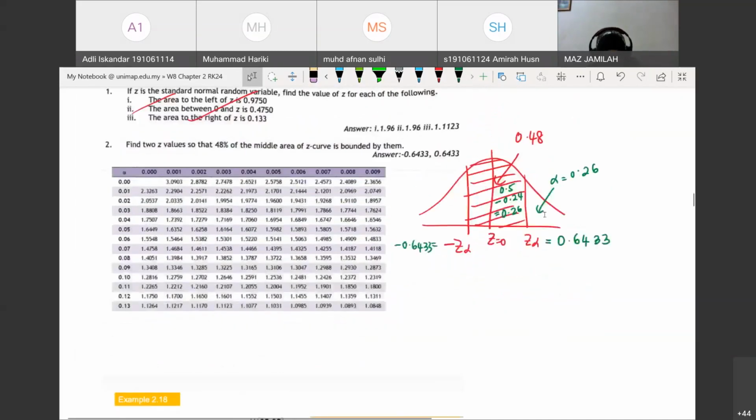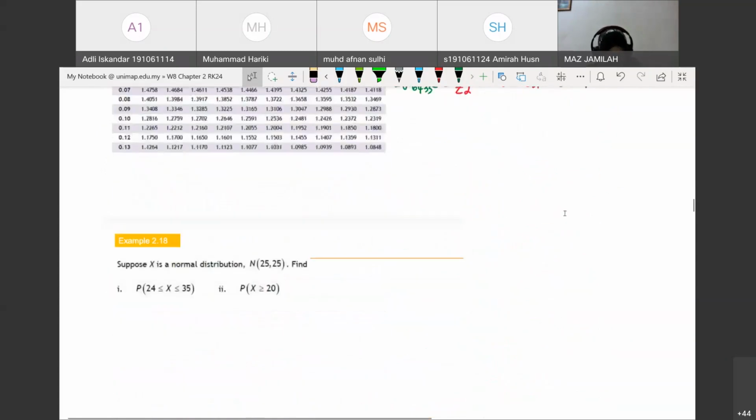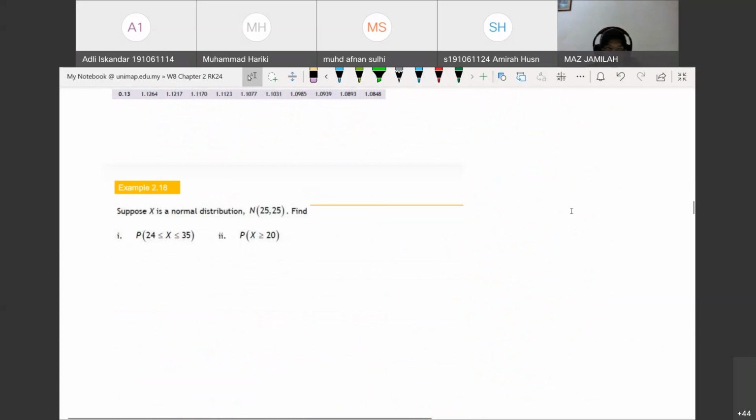Now, all that we have discussed before related to the continuous probability distribution are all the concepts that you need to understand before you can tackle the actual problem related to the normal probability distribution. Now, look at the first example, example 2.18 on page 62.